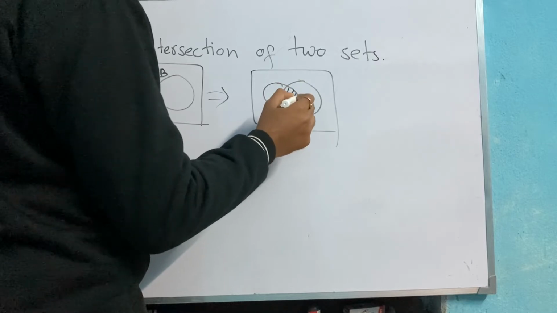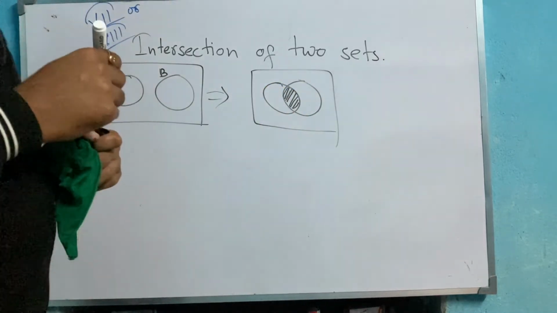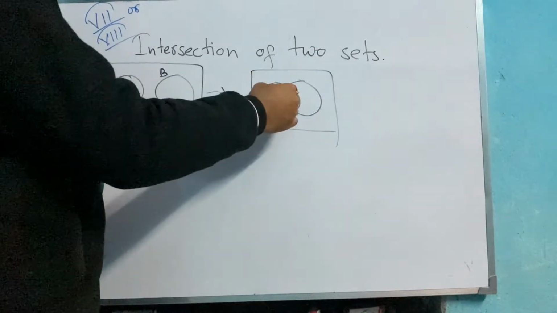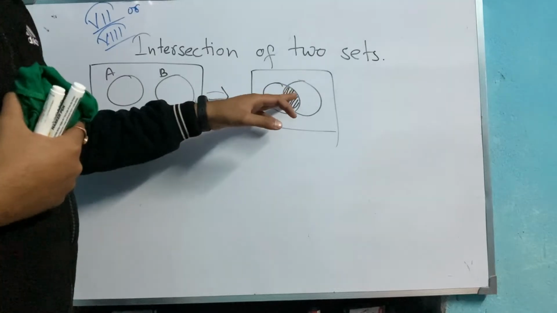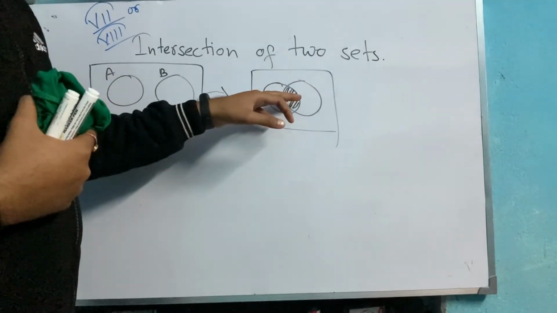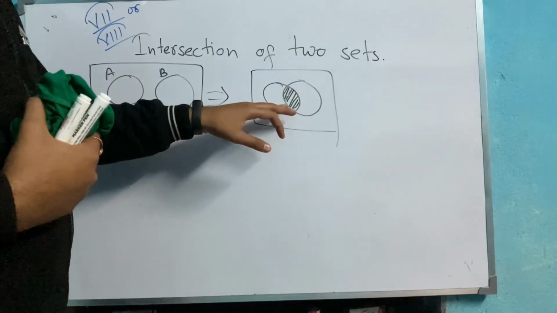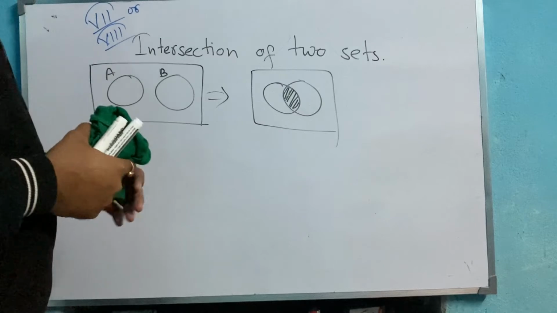This area is the intersection area. On this area, the two sets intersect with each other. That means this is the common area of both sets. So this is the intersection area of the sets.